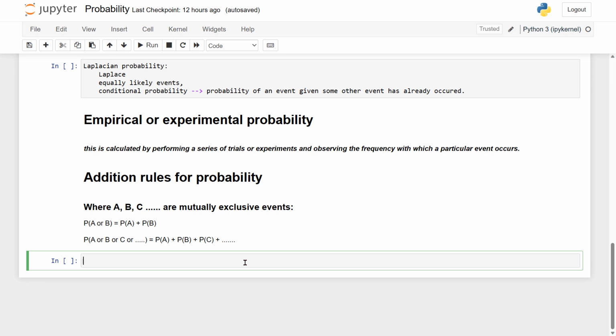If you want to know the chance of this event or that event happening, that is your addition rule. Simple. So this is your requirement, and based on the requirement we have created this. Similarly, we have one more requirement that has become the multiplication rule. Addition rule, first we'll see.